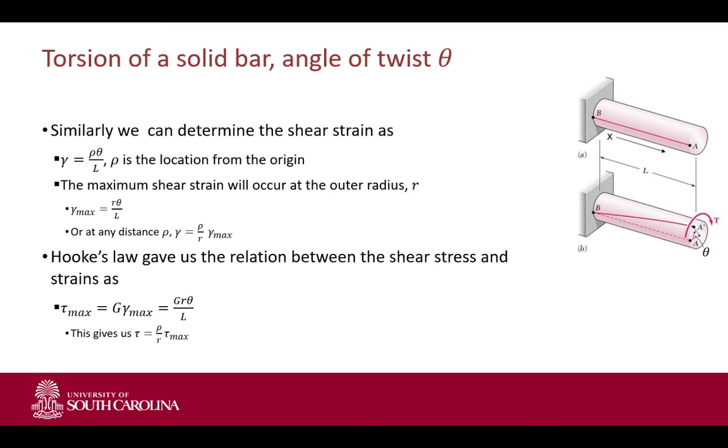If we go back to Hooke's law, we know that stresses and strains are related by the shear modulus. So we can look at the stresses as well. The maximum stress is the shear modulus multiplied by r theta over L. And again, if we look at any location between 0 and r, we know that the stress is equal to the ratio rho over r multiplied by the maximum stress.